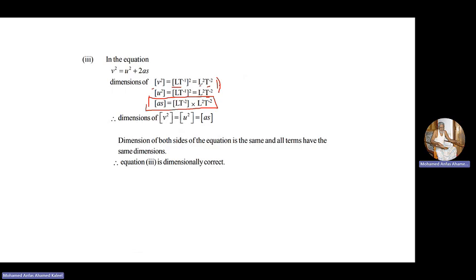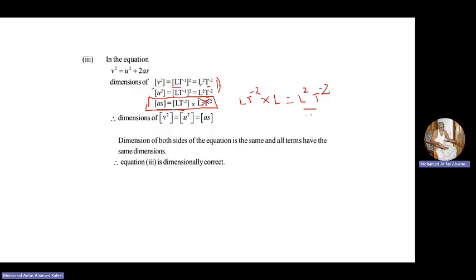Let's say A, the acceleration, we know is LT^-2, into S, which is L. So the dimension of AS is L squared T^-2.